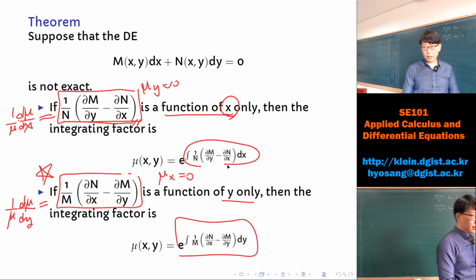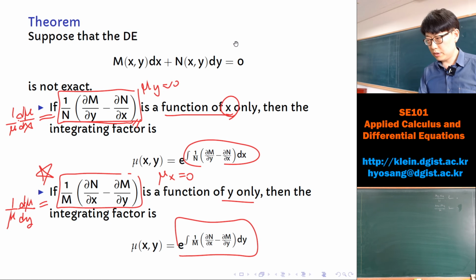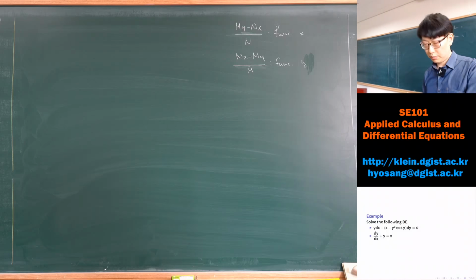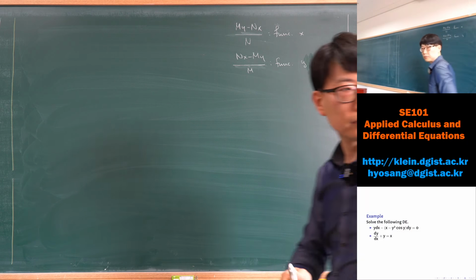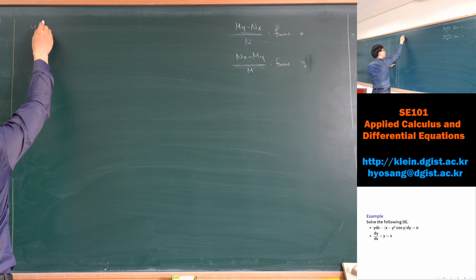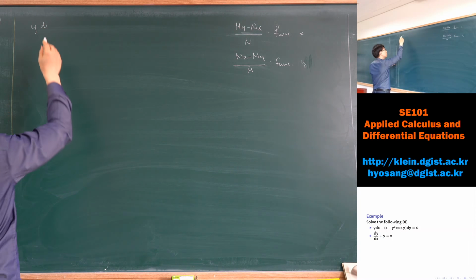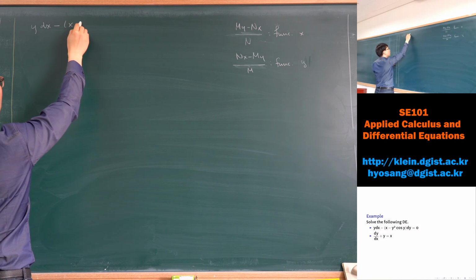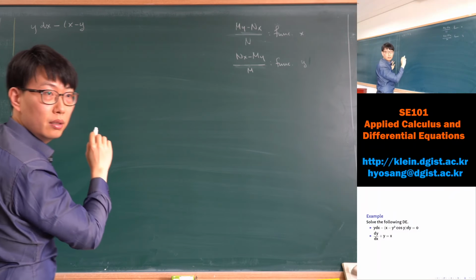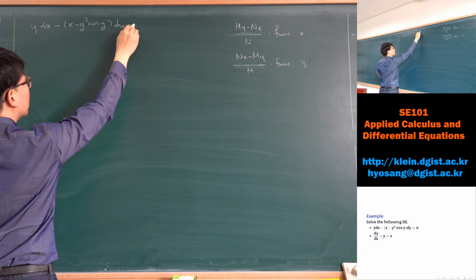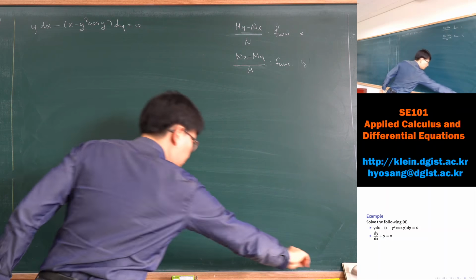Okay, let's begin our examples on the blackboard. We have y dx minus y squared cosine y dy equals 0.